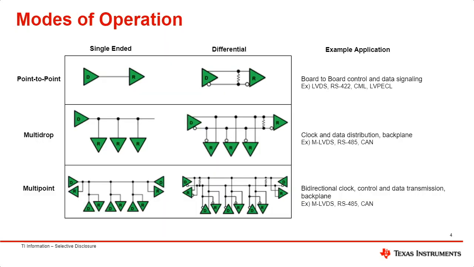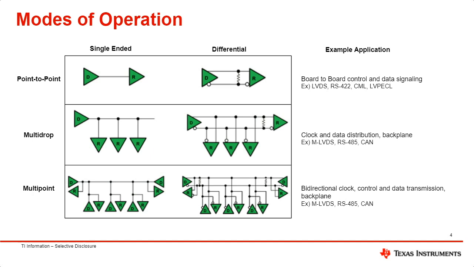Before we get into that, however, I want to discuss the three modes of operation for the different bus topologies. The first bus topology is the simplest in nature, and it's point-to-point communication. This consists of a single driver transmitting to a single receiver. The next is multi-drop, where you have a single driver transmitting to more than one receiver.